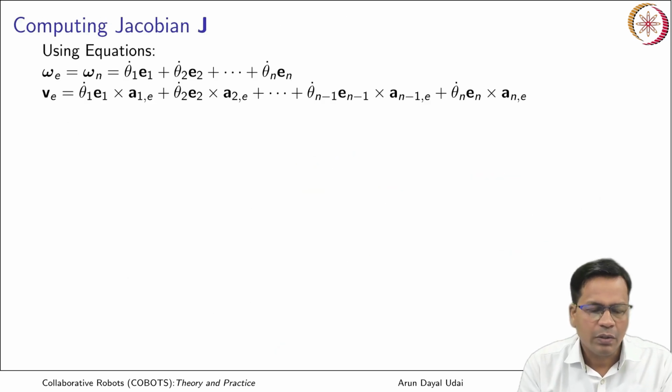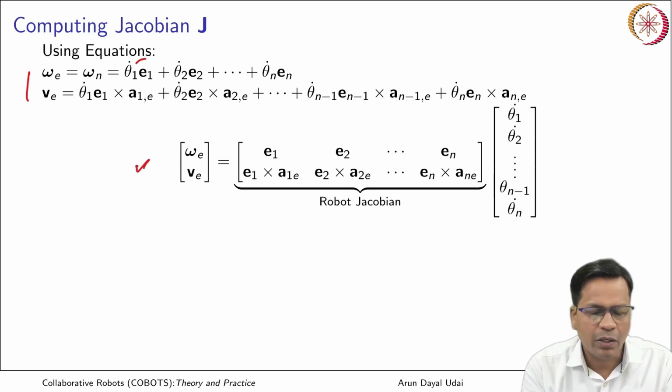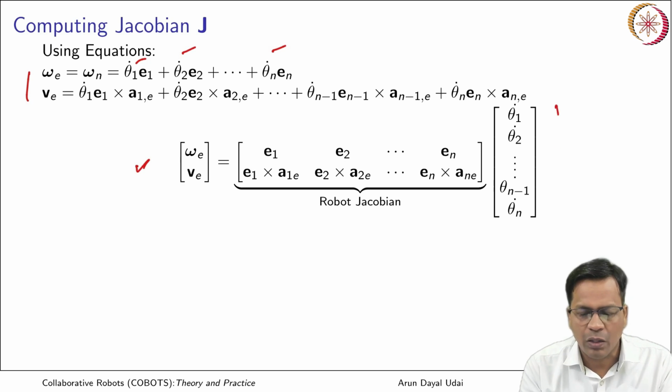So now these are the two equations that we have obtained. This one is for angular velocity, this is for linear velocity. If I pack them together again, so these two comes here and you have theta 1 dot, theta 2 dot, theta n dot. So all are arranged here, extracting from all the terms, and this becomes your robot Jacobian.